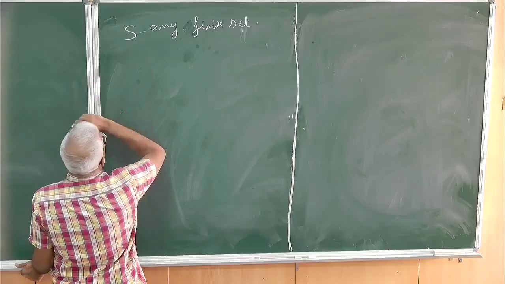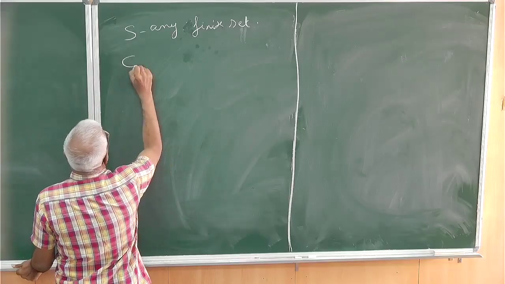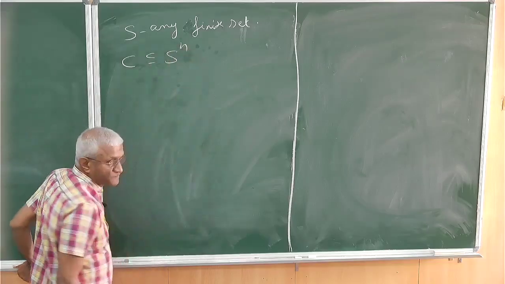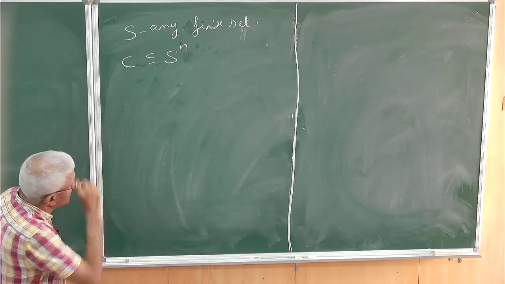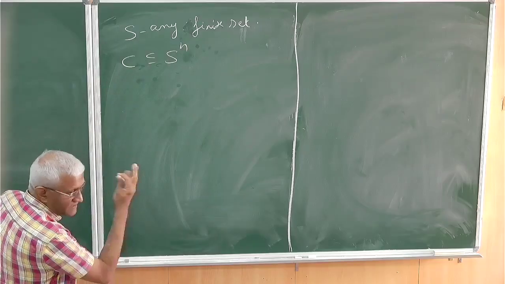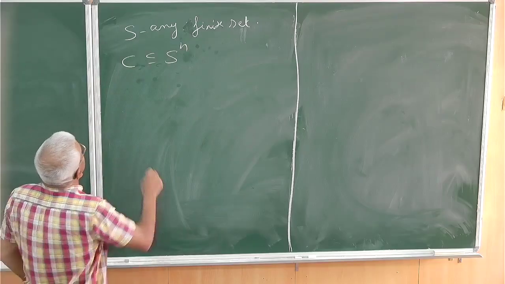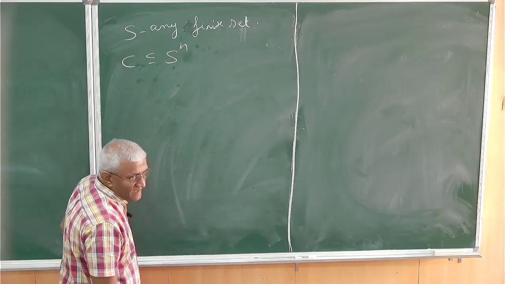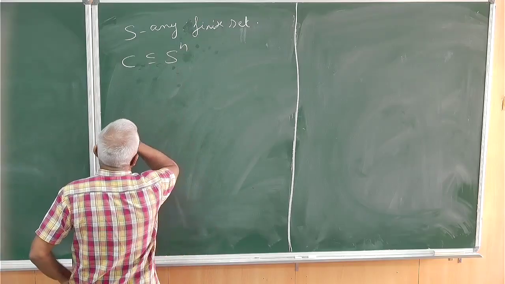If you have any subset C of S^n, this is how you will code. Coding is done through some C in S^n. And S will have a cardinality.